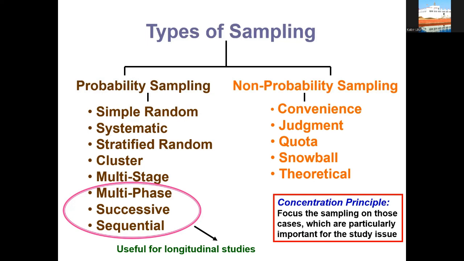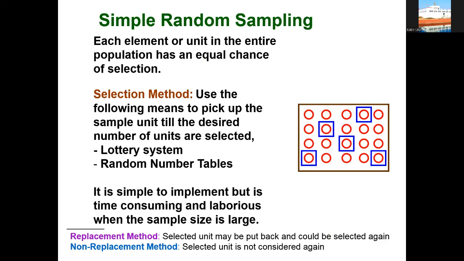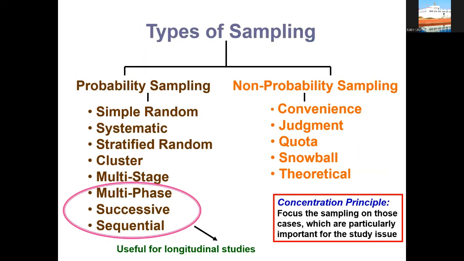Then concentration principles: focus the sampling on the cases which are particularly important for the study issue. So in the aims and objectives of the research, what you already have in your mind and have selected, you have to concentrate on that. So here we are discussing what is simple random or systematic or stratified random.